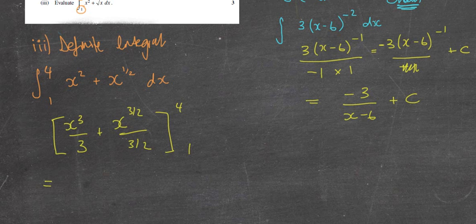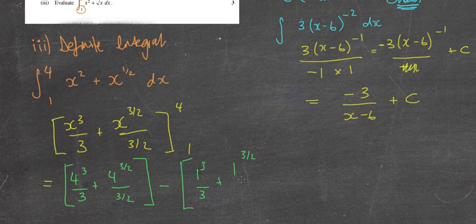Okay, so now we want to then substitute into it and make it 4 cubed over 3 plus 4 to the power of 3 over 2 over 3 over 2. That's my first one. Minus, put in my second one now, 1 cubed over 3 plus 1 to the power of 3 over 2 over 3 over 2.